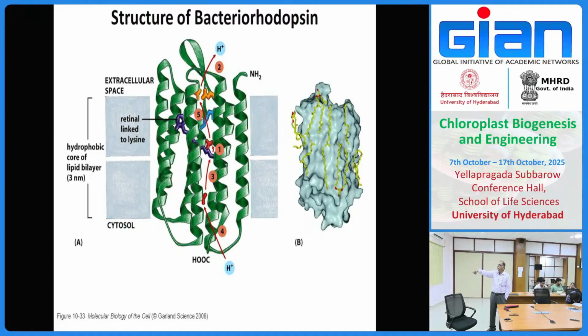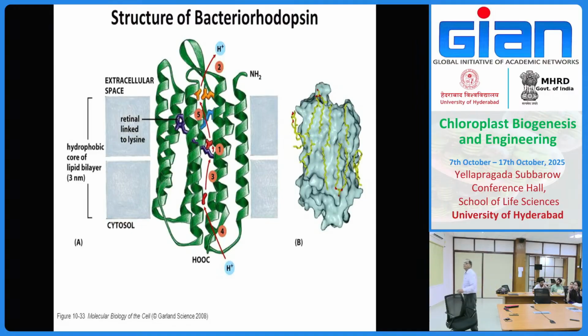This is the structure. So from the N-terminal end to the C-terminal end, in the hydrophobic core, we have this retinol. Therefore, it's the same thing. The same vitamin A is also in our eye, retinol. That's the chromophore, right?